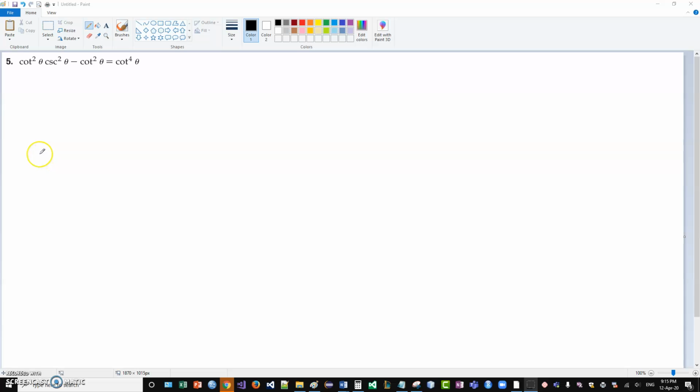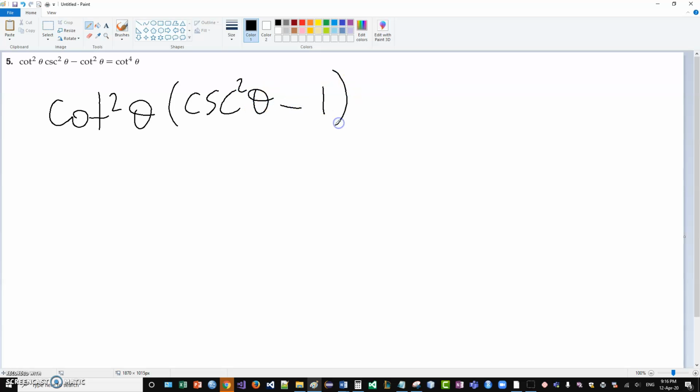Our second exercise from the textbook, number 5: cotangent squared theta times cosecant squared theta minus cotangent squared theta. We want to prove that it equals cotangent to the power 4 theta. Again, we can take cotangent squared theta as a common factor, so we're left with cosecant squared theta minus 1.